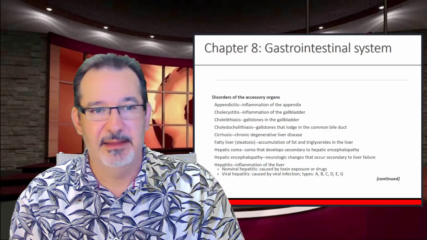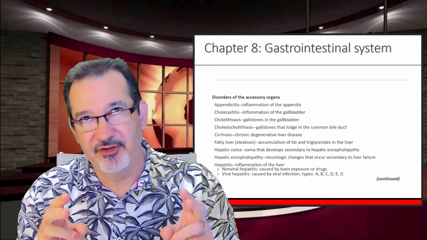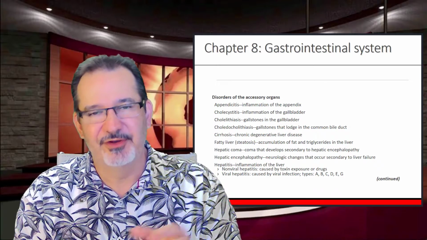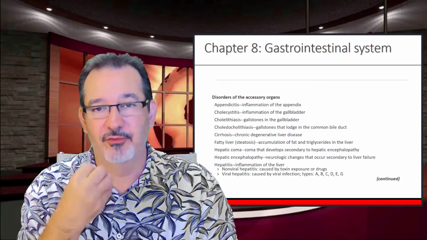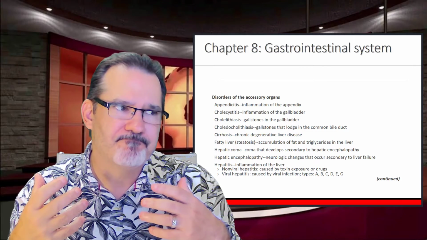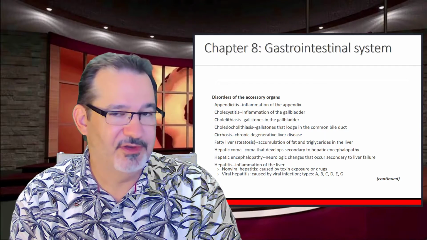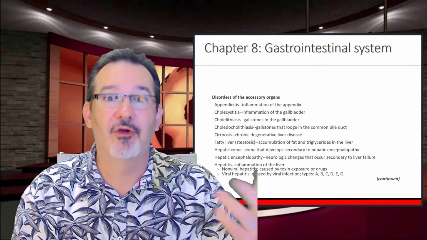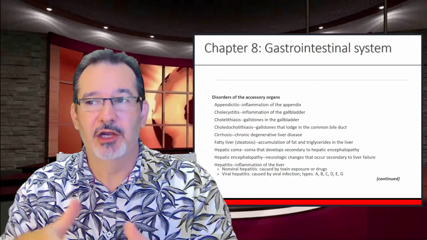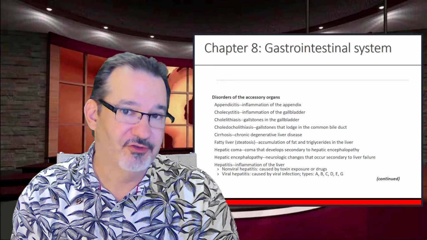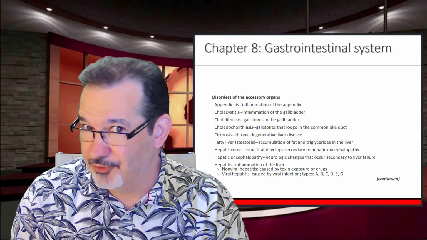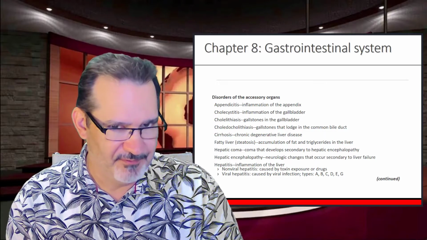So it's not a bloodborne pathogen. I think it's technically considered a bloodborne pathogen, but it's contracted through oral fecal, unclean sanitary conditions. We oftentimes see outbreaks of hepatitis A from restaurants, from unsanitary conditions. Okay, people that don't wash their hands after they've used the bathroom, that type of thing.